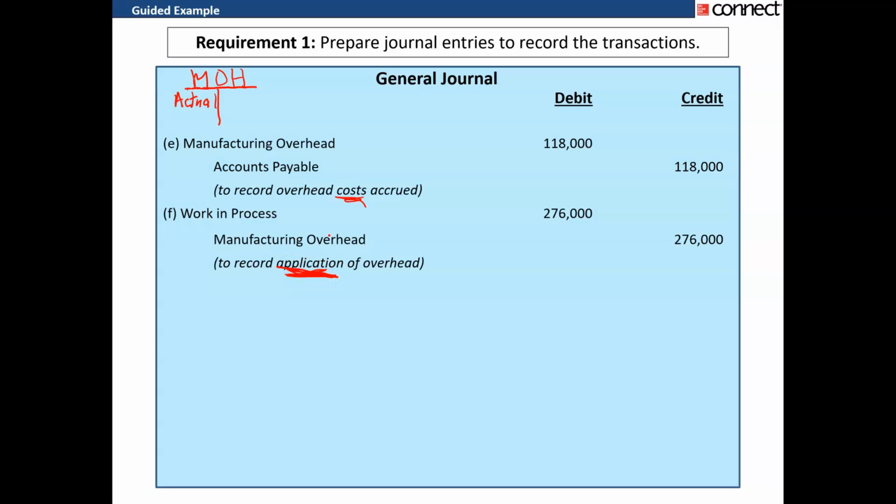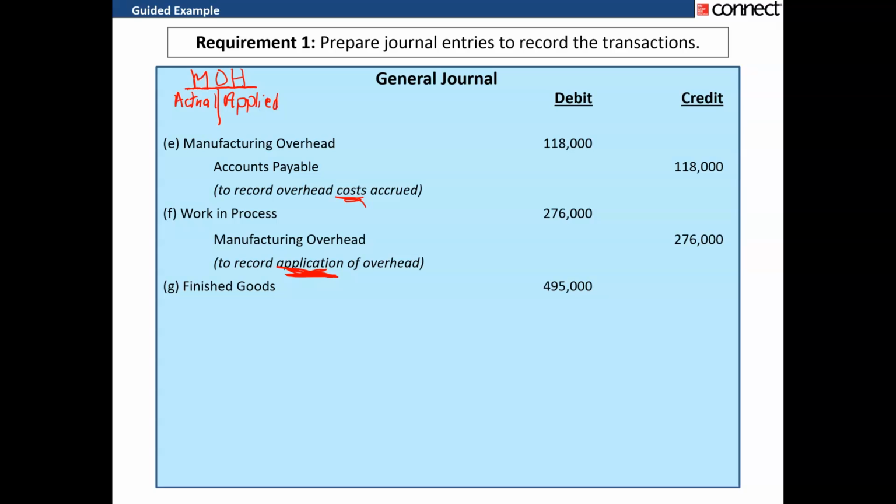We are applying what we have estimated. That will go on the right-hand side. So your applied overhead is credited to manufacturing overhead.